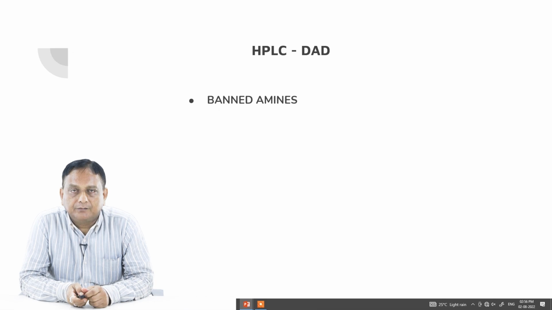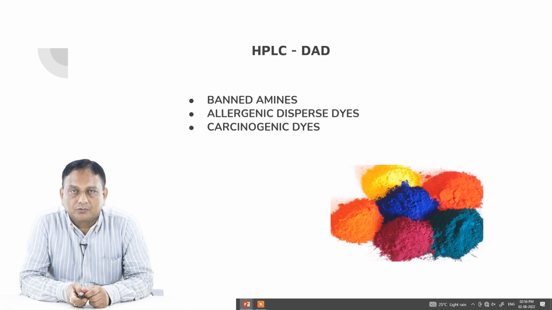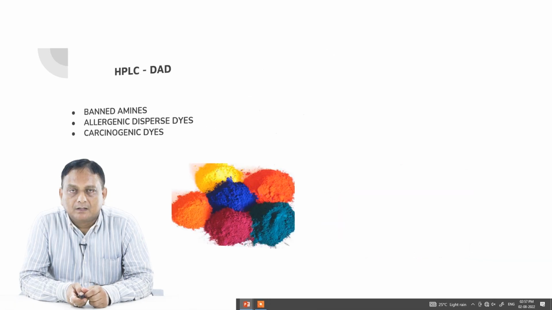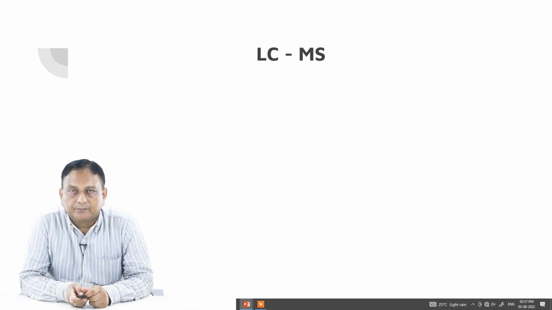HPLC-DAD is useful for banned amines detection in the chemicals and also in the print pastes, and for allergenic disperse dyes determination and carcinogenic dyes detection. In these cases, the different dyestuffs are analyzed to determine the harmful amines, allergenic disperse dyes or carcinogenic dyes.